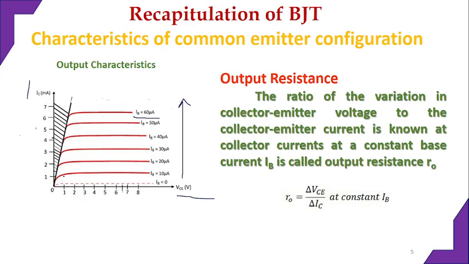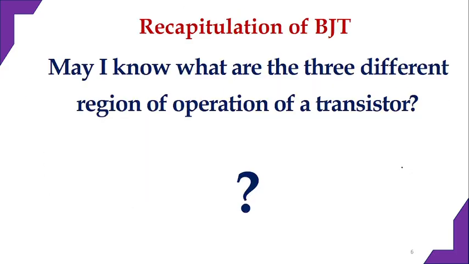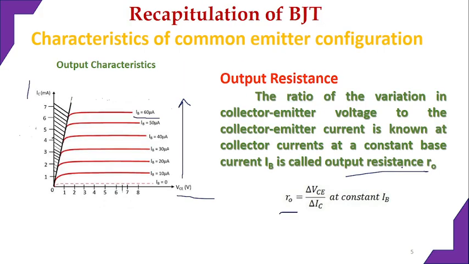The current increases initially, but afterwards, whatever the variation in VCE, the IC variation will depict the output resistance. If we look at this output characteristics diagram, we can see some differentiation over here.